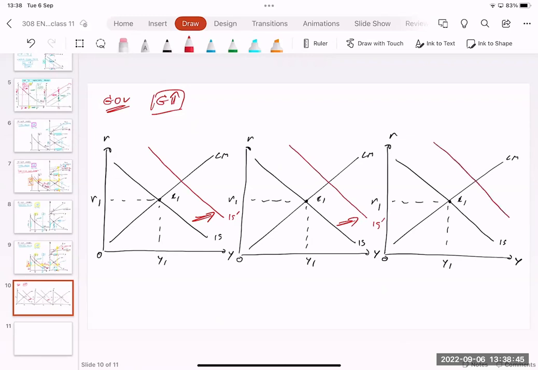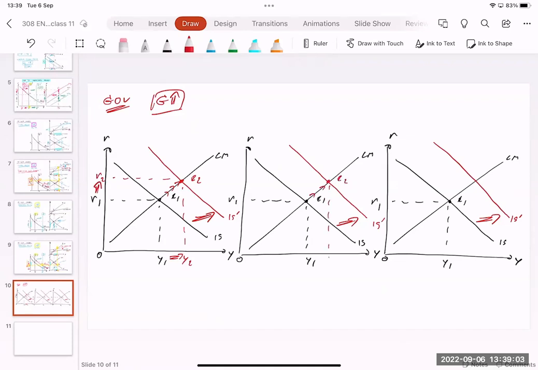It's all the same in three graphs. Increasing G, the IS curve shifts to the right, and the equilibrium point changes from E1 to E2. GDP increases from Y1 to Y2. The real interest rate increases from R1 to R2.